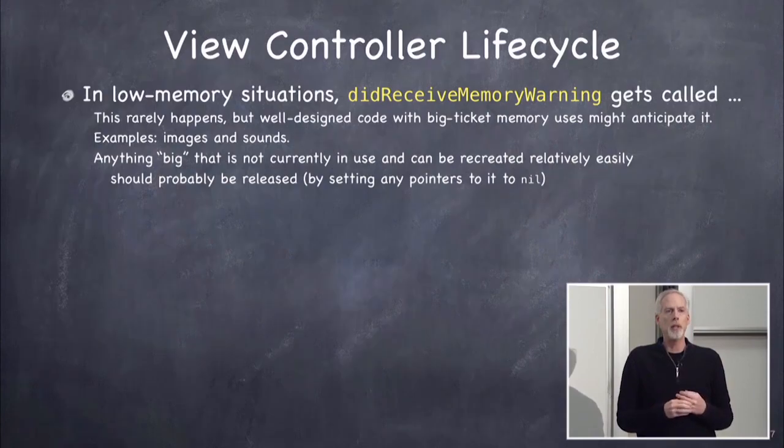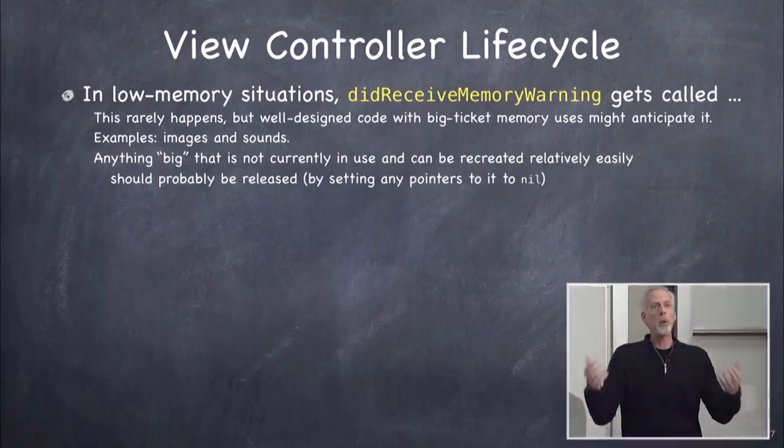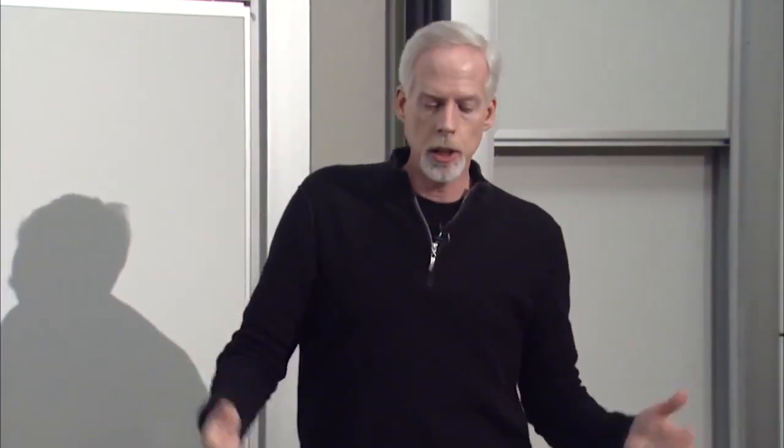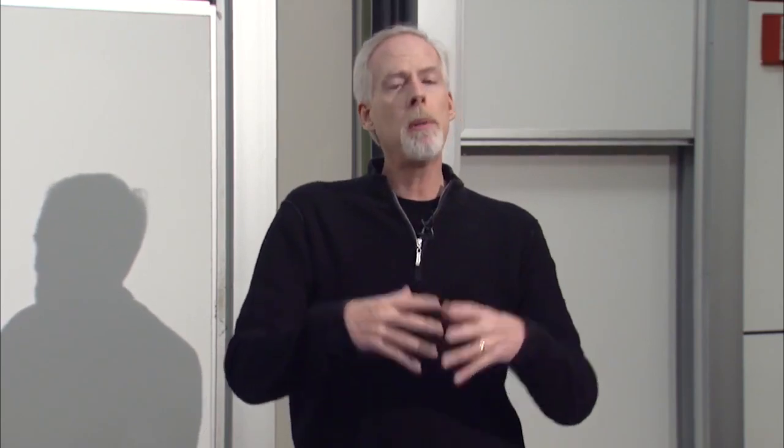Basically, any memory that you can quickly recreate, or that is not currently on screen and you can create when it comes back on screen, is a good thing to release, but only big things. Don't do little tiny 100-byte things. We're talking images, sounds, videos, big old things.